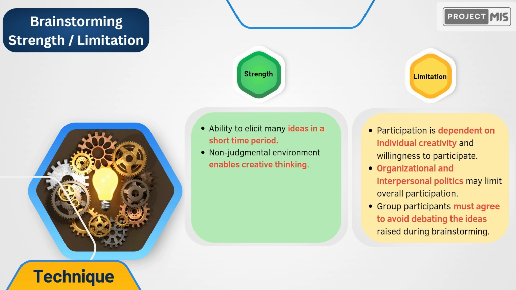The third important limitation, which we must think about and control during the brainstorming session, is that group participants must agree to avoid debating the ideas. If someone is giving an idea, the focus should be to generate ideas instead of debating the chosen idea.